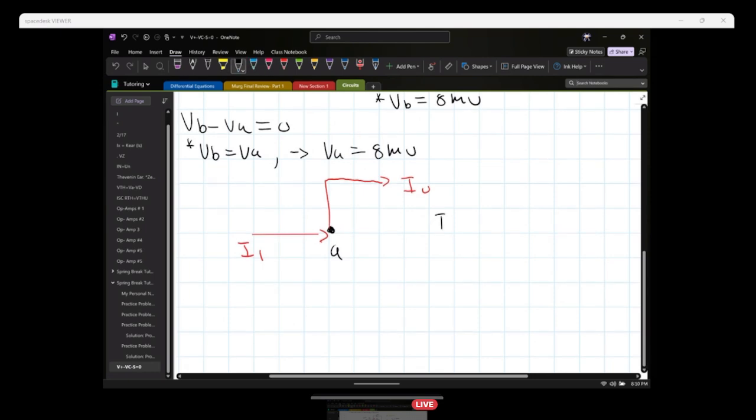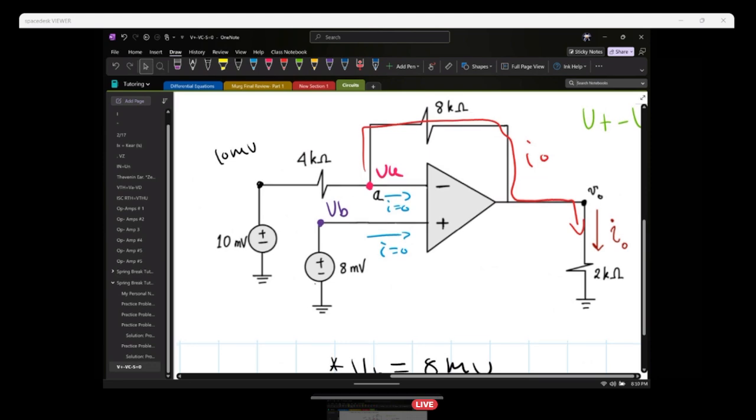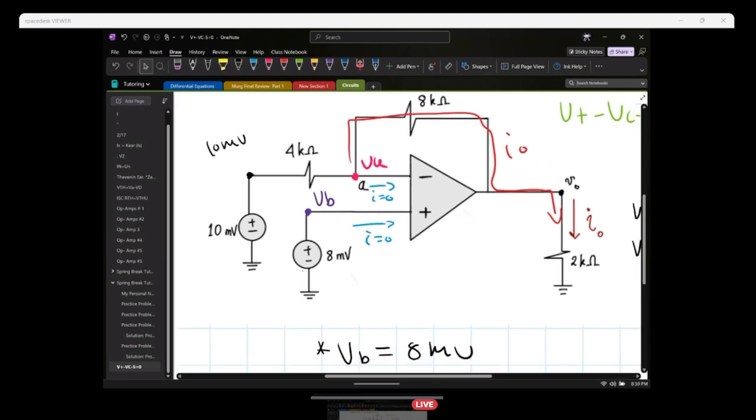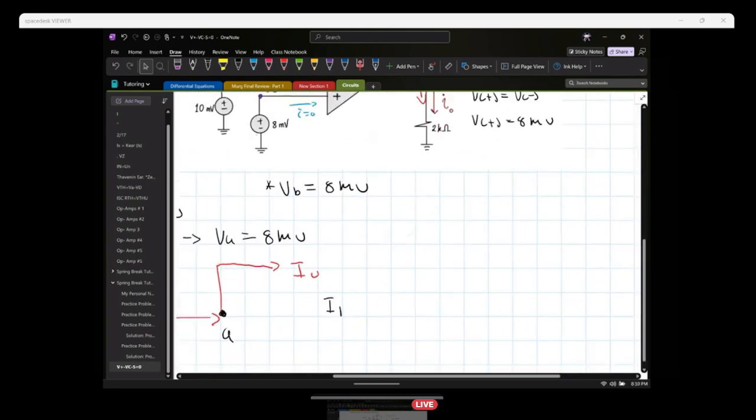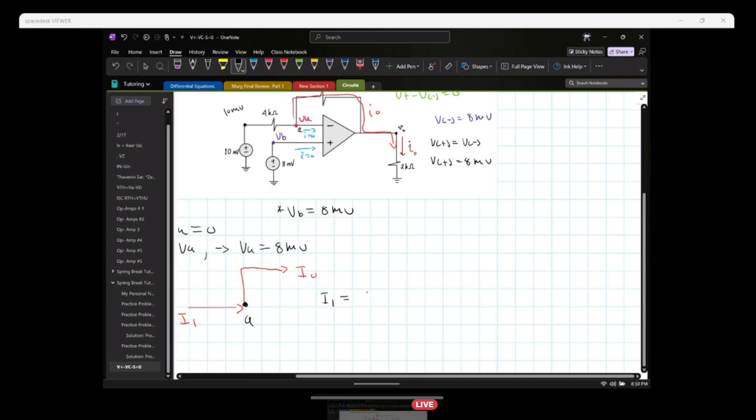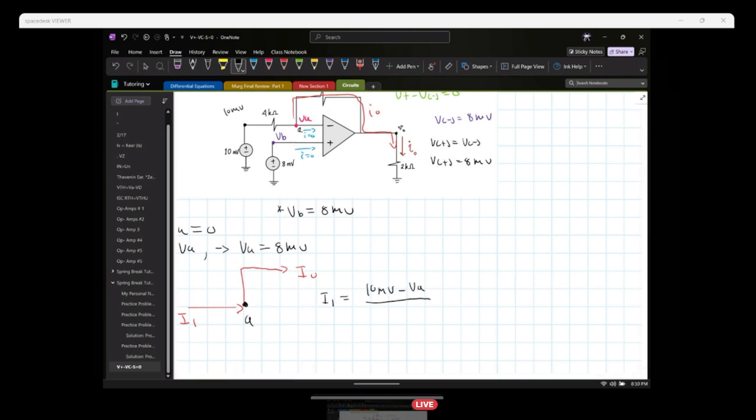I will just do 10 minus 8 over 4, right? I'm doing 10 millivolts minus the VA, over 4. We know that VA is 10 millivolts. That's the current.